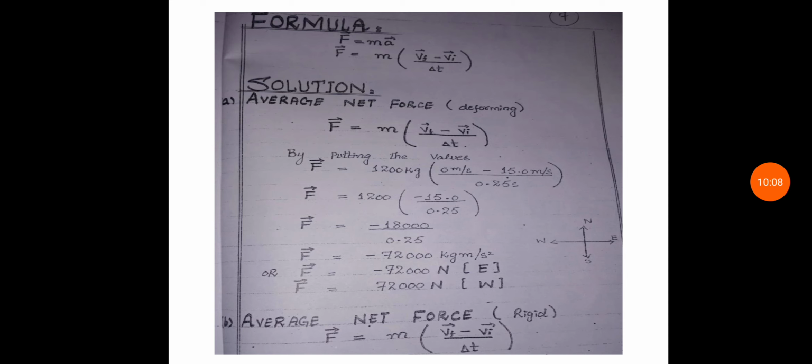Now in part B, average net force that is rigid, F equals to m, same formula is applied, Vf minus Vi divided by delta t. By putting the values, F equals to m, 1200 kilogram, and Vf 0 meter per second, Vi 15.0 meter per second, and the time will be changed, that is 0.04 second.